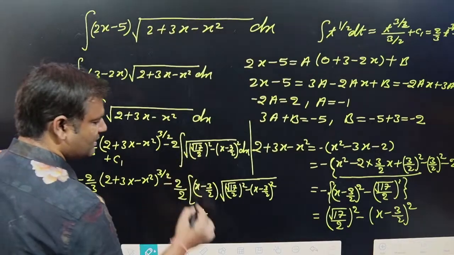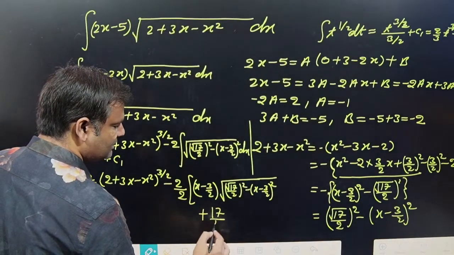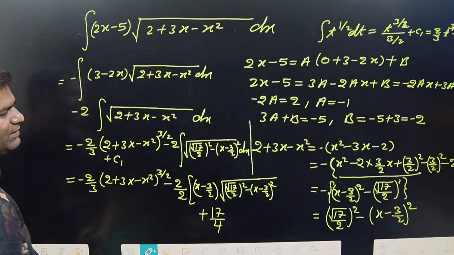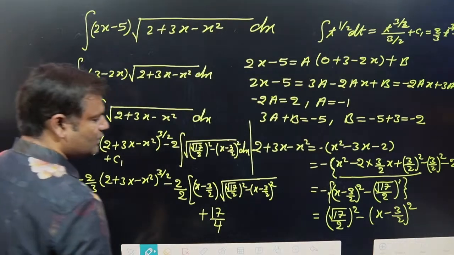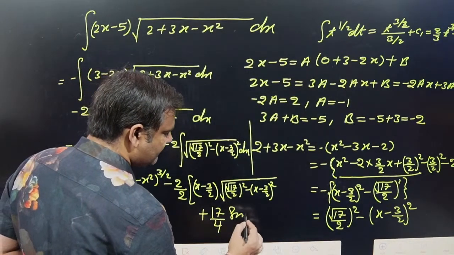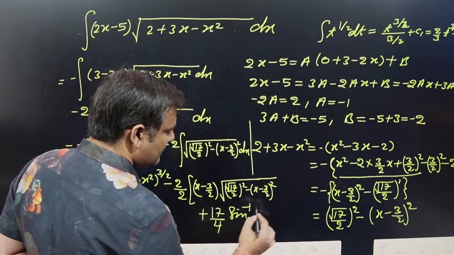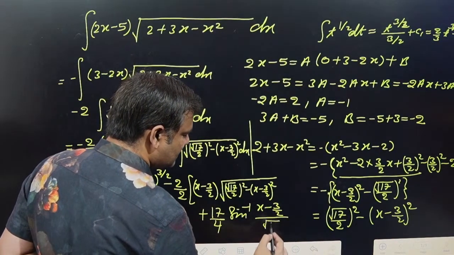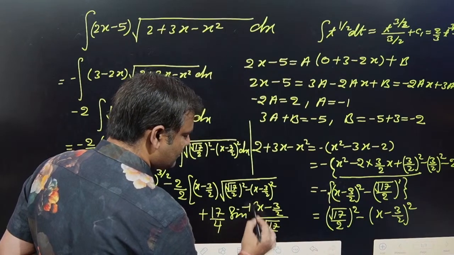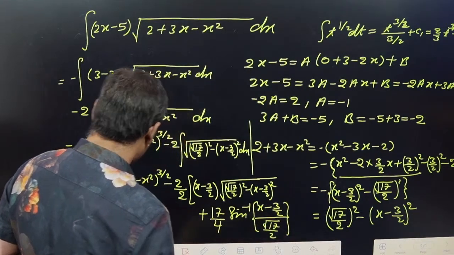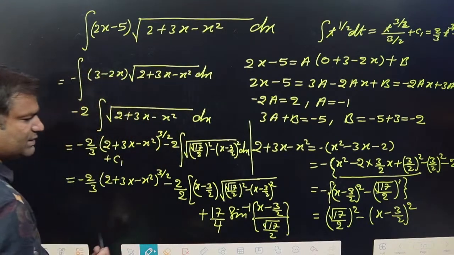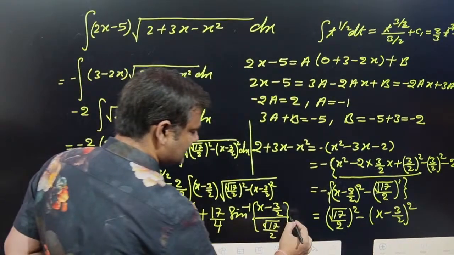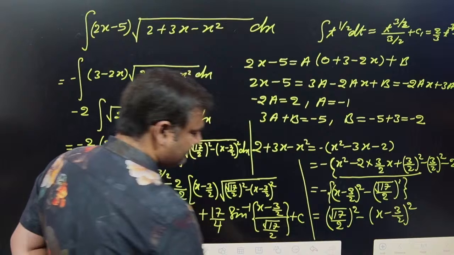A square is how much? 17 divided by 4, into sine inverse of x minus 3 by 2 divided by root 17 divided by 2, plus constant c2. So c2 plus c1 is another constant c. I hope it is clear.